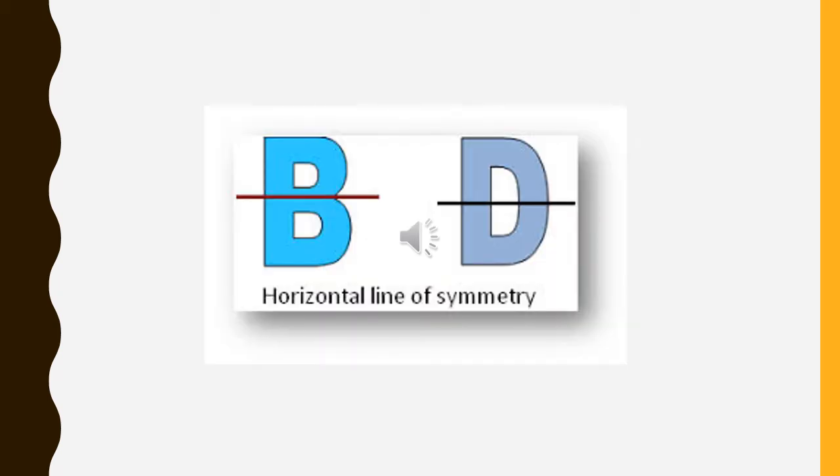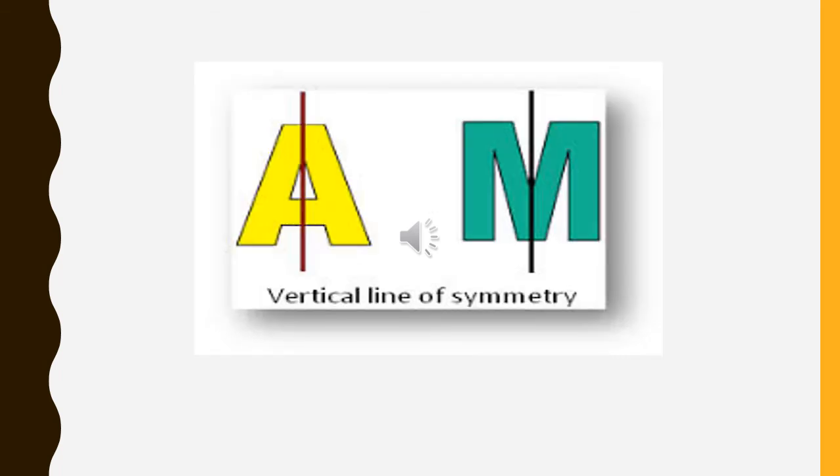In these two letters, we can see the horizontal line of symmetry, and after dividing these two letters with the horizontal line of symmetry, they can be divided into two equal halves. Let's study about the vertical line of symmetry.